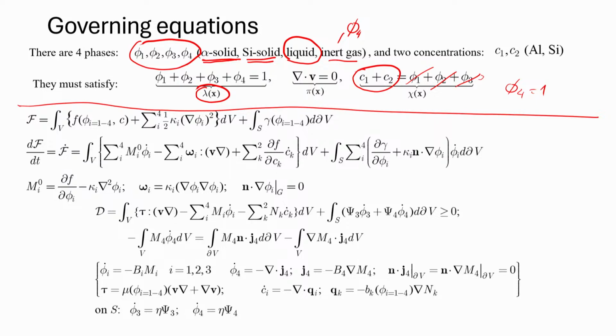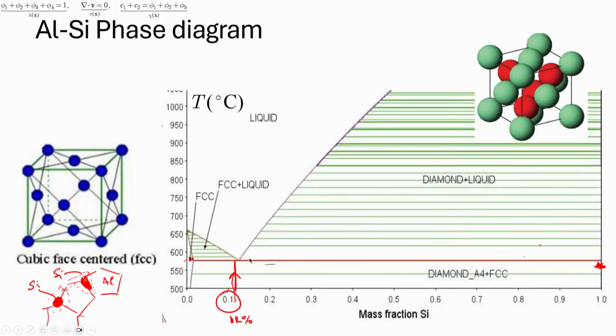The aluminum is also getting into liquid state. Aluminum is also getting melted. It's melting with silicon, because we never raise temperature. Temperatures in the experiment go up to 610, 620.